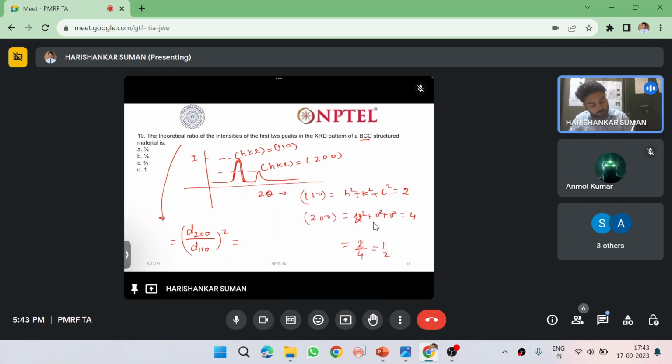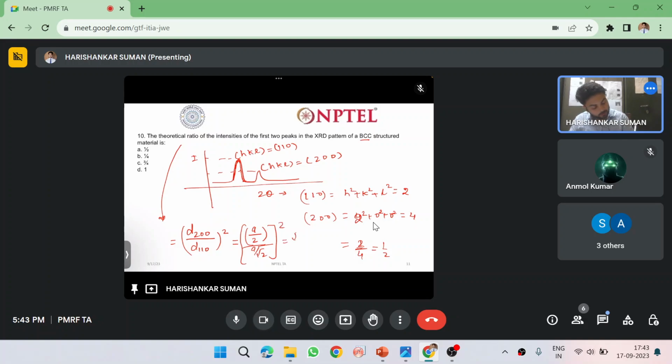For BCC, it will be around 1 by 2 divided by 1 by root 2.